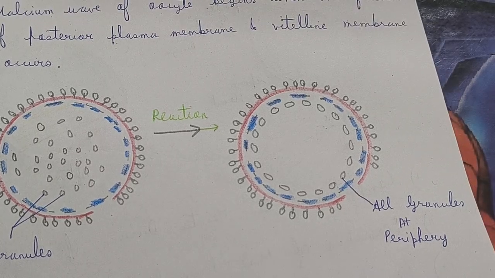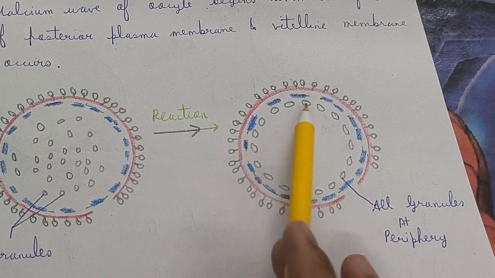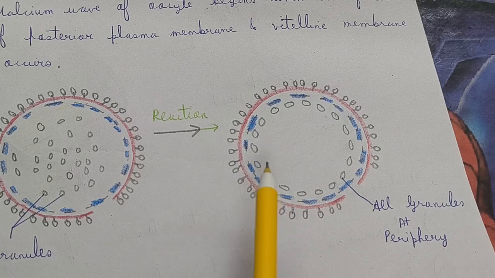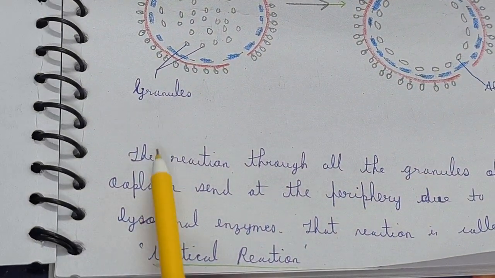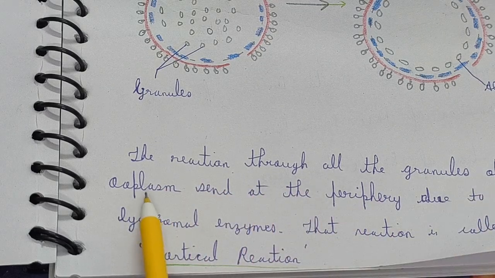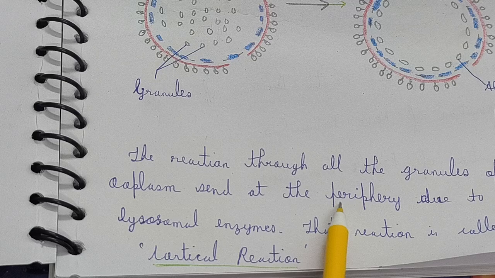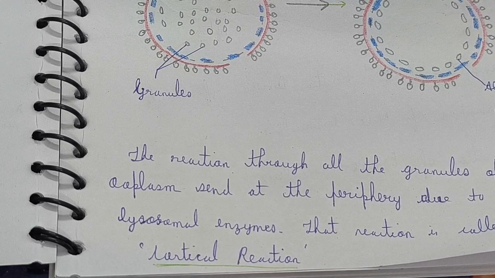The reaction responsible for bringing all the granules to the periphery is the cortical reaction. I have written that it is the reaction through which all the granules of the ooplasm are sent to the periphery due to lysosomal enzymes, and that reaction is called the cortical reaction.